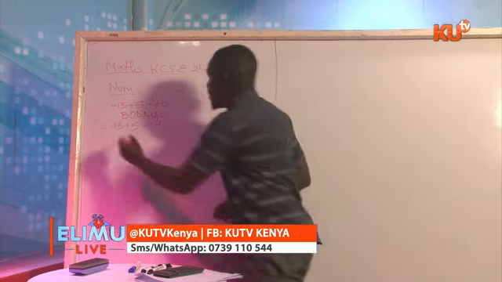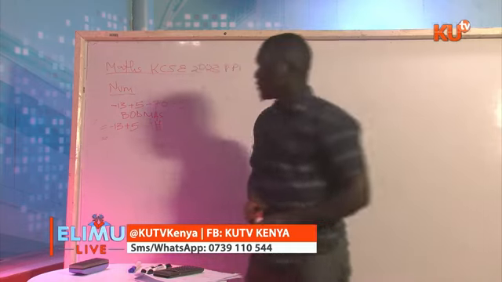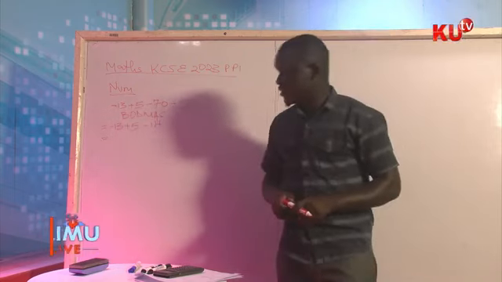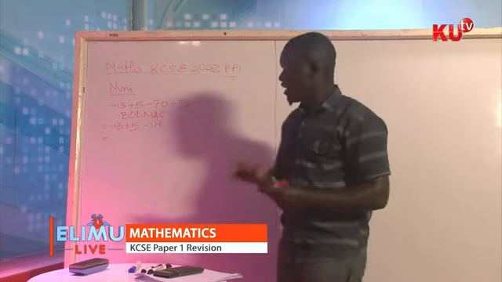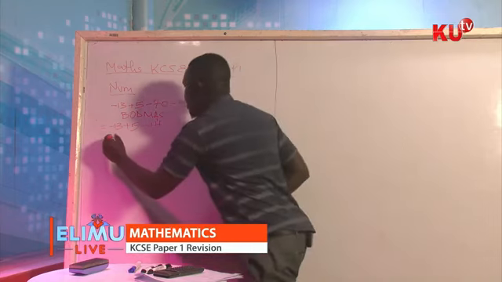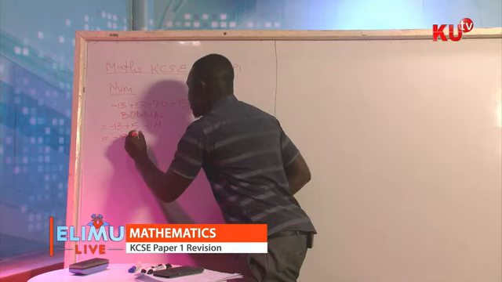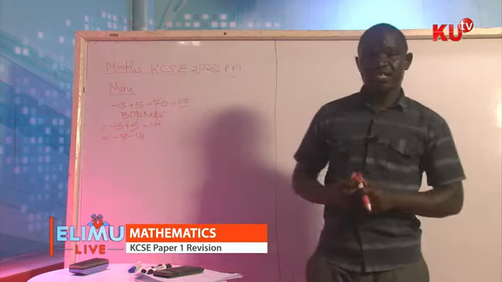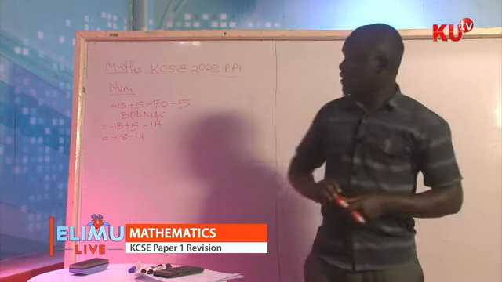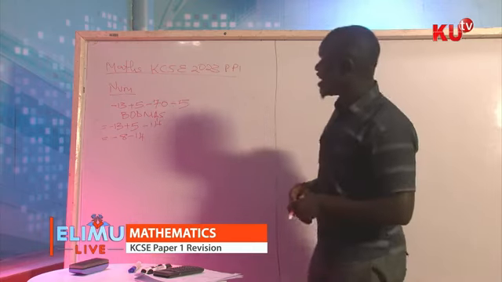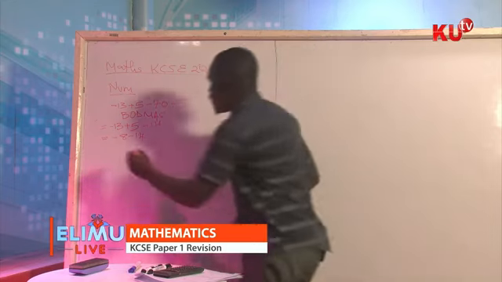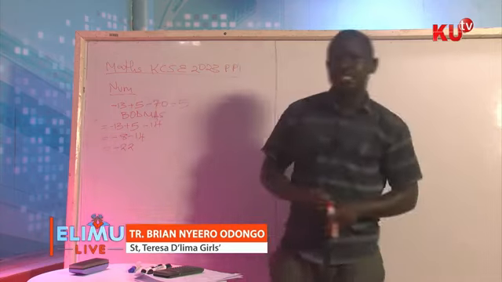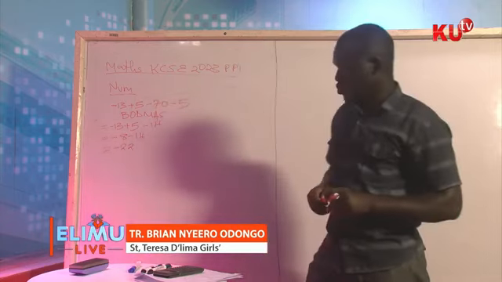Negative 13 plus 5 becomes negative 8. So this will be negative 8 minus 14. What are you getting, dear students? Yes, the answer should be negative 22. So our numerator is negative 22.